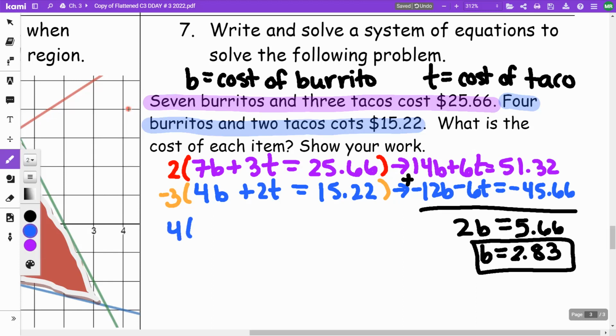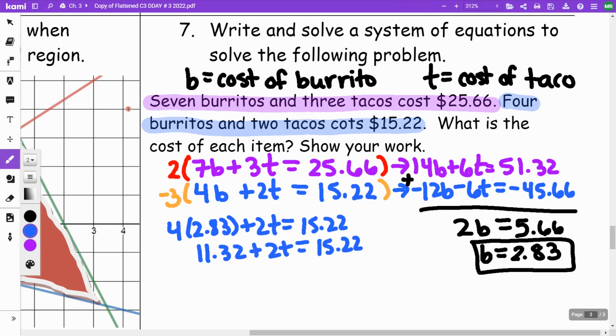So 4 times 283 plus 2t equals 1522. So I end up getting 1132 plus 2t is equal to 1522. I end up with 2t equal to 390. And when I divide by 2, I get $1.95 for a taco.